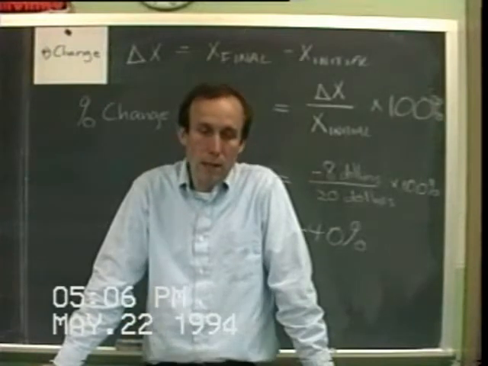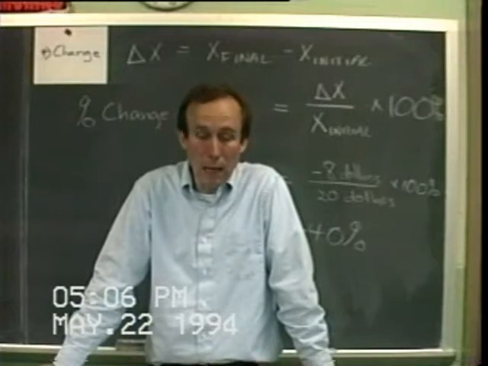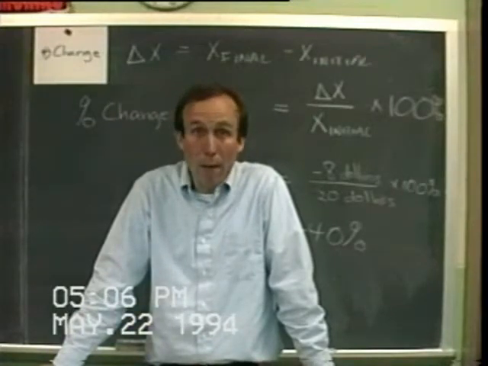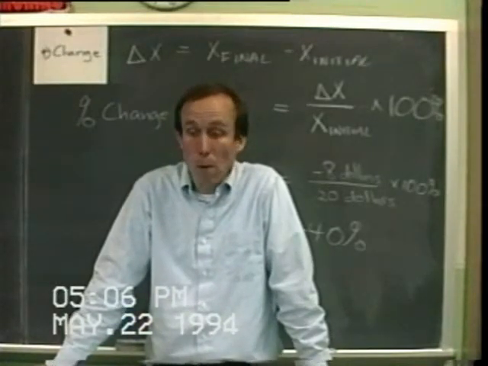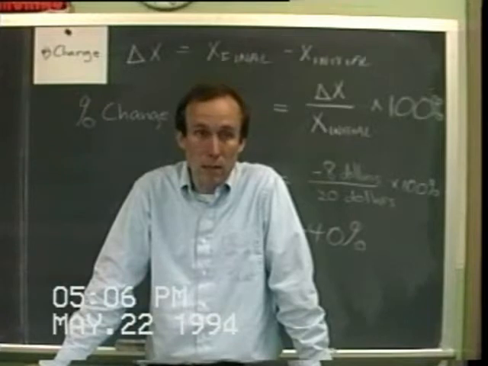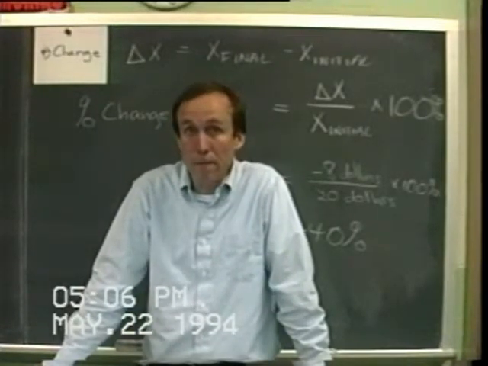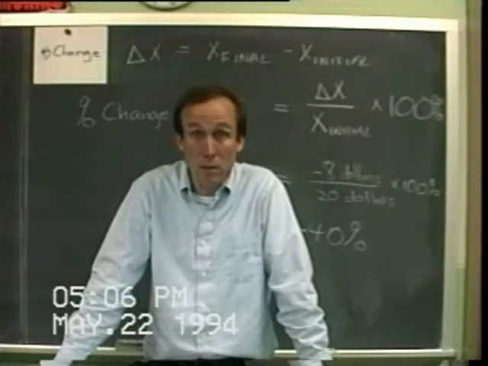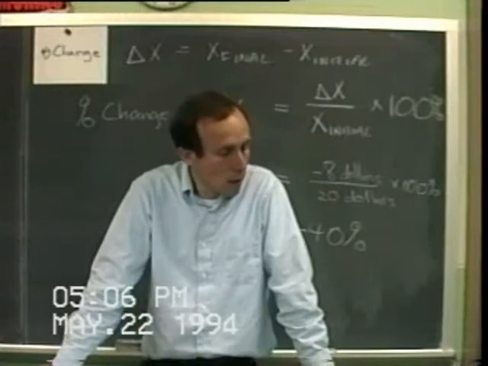If someone says, what percentage of the original funding do you wind up with at the end? I'd say I wound up with $12, and the question is what percentage is $12 of the original amount of funds, $20. It is 12/20ths times 100%, 60%.